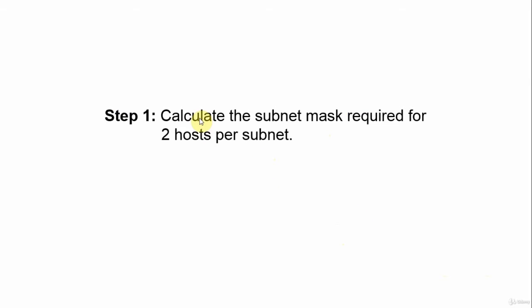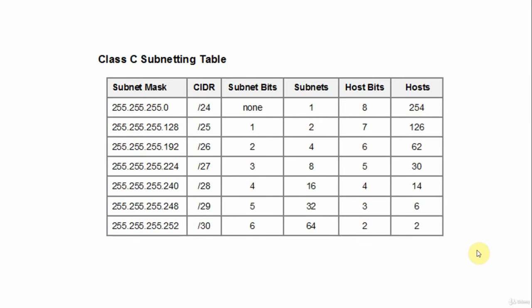And step 1, I want to calculate the subnet mask for 2 hosts. That's easy enough. In this case it is a /30, and you've probably encountered that in some of the other videos. It's a 252. So it's a /30 mask, 6 subnet bits, so that gives me 64 subnets, and 2 host bits per subnet, and that gives me 2 hosts.